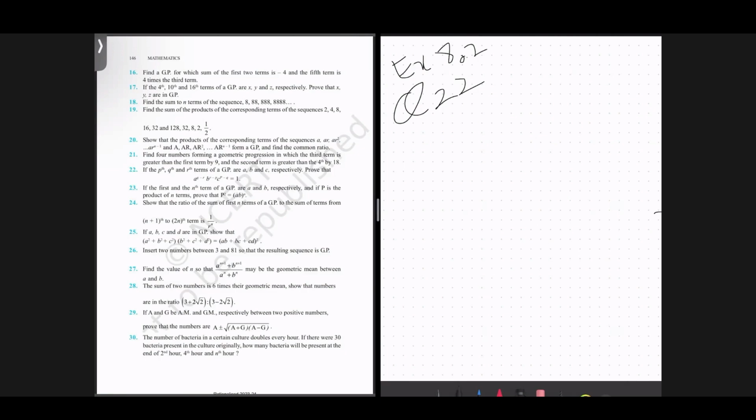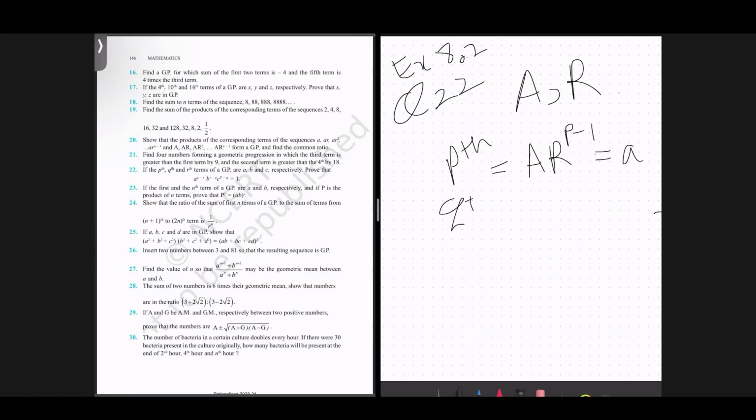The pth term has been given to us as a. So let us assume this particular GP to have first term capital A and the common ratio capital R. The pth term of this GP is A R raised to the power p minus 1, and that is going to be a.